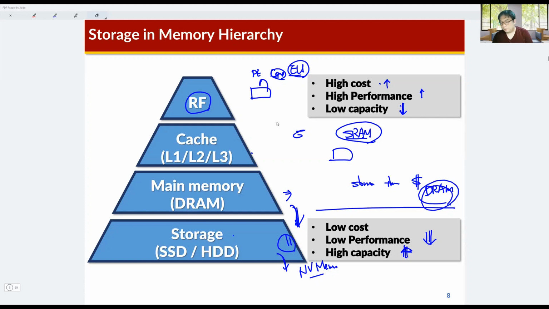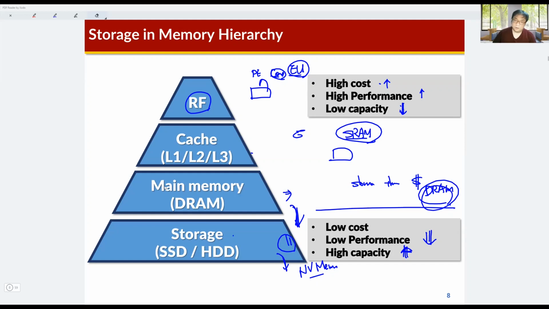Data locality means that if the data is accessed, then the same data can be accessed in the near future, or the neighbor data can be accessed. That is the locality. And in order to exploit this locality, we build the memory hierarchy.